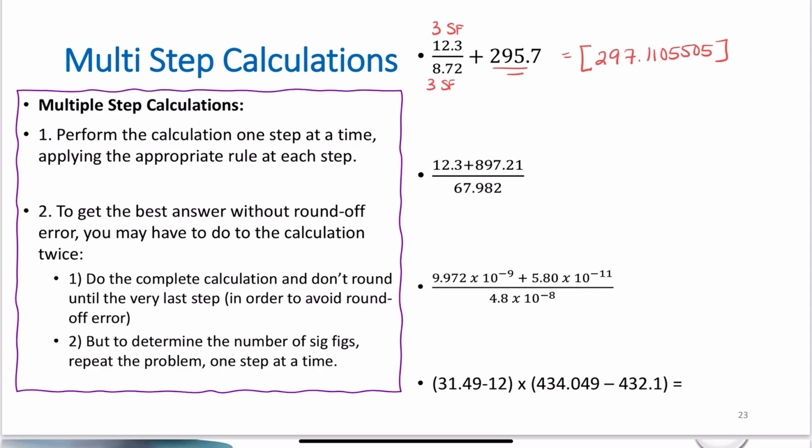When I actually do that math, I get a value of 1.41. 3 sig figs, that's perfect. Now I'm going to add this to 295.7. This is precise to my hundredths place. This is only precise to my tenths place. My final answer can only be precise to my tenths place. So my final answer will be 297.1.